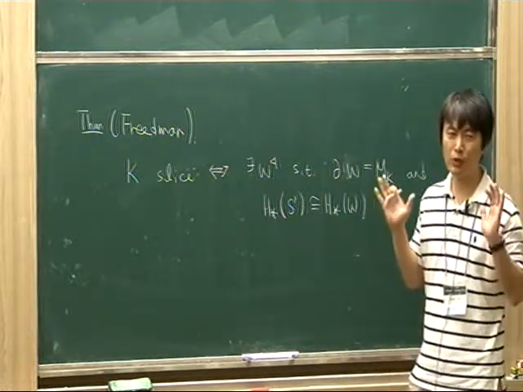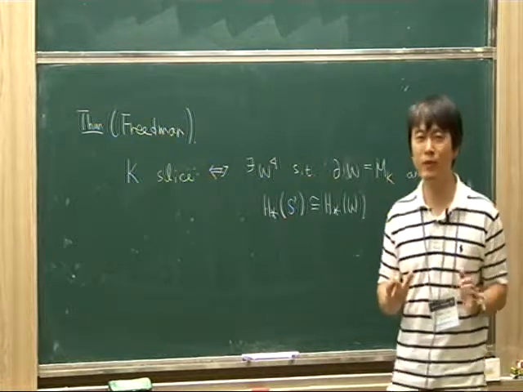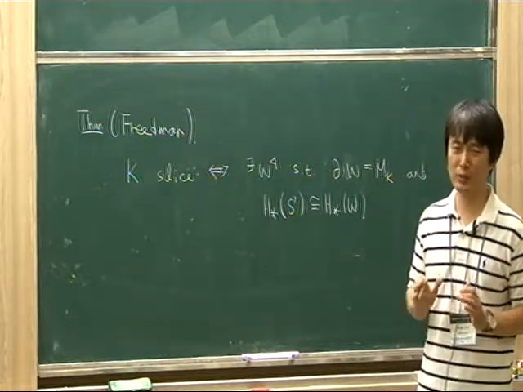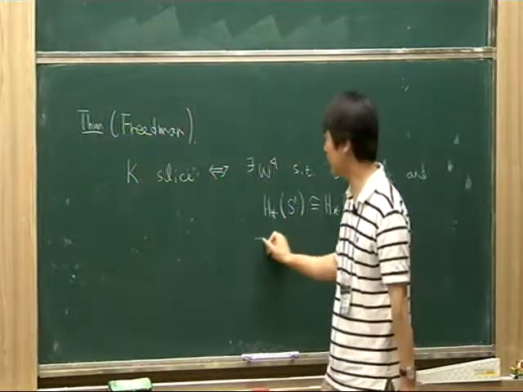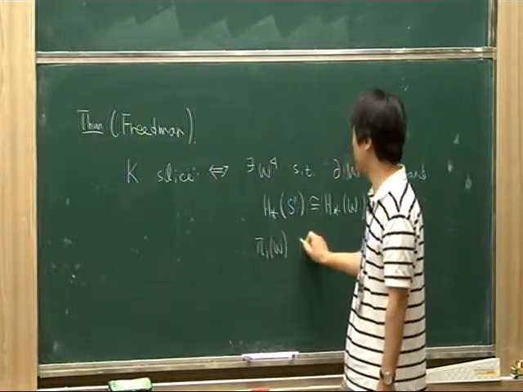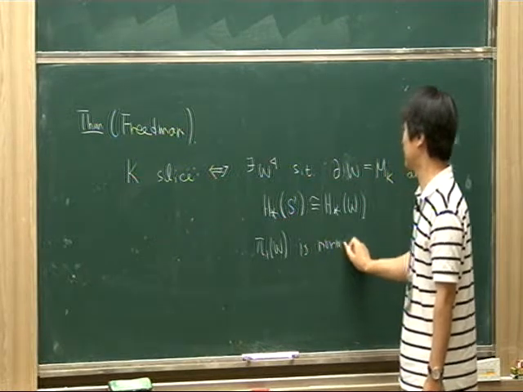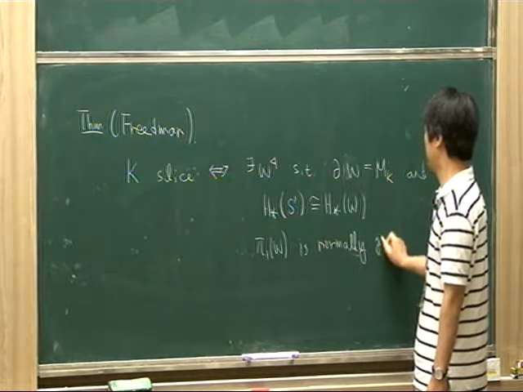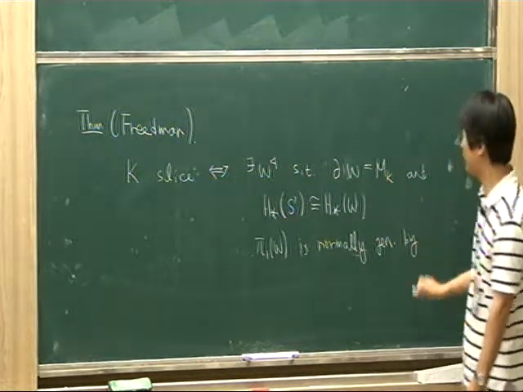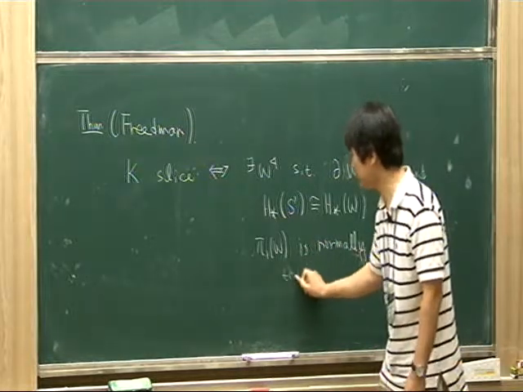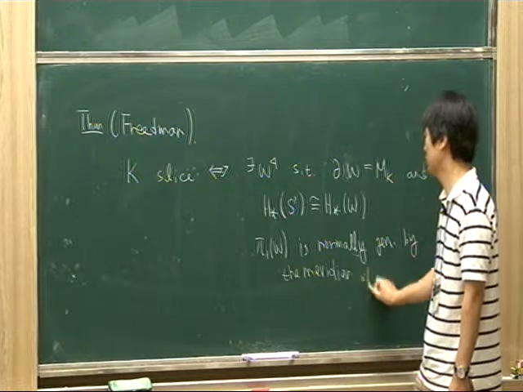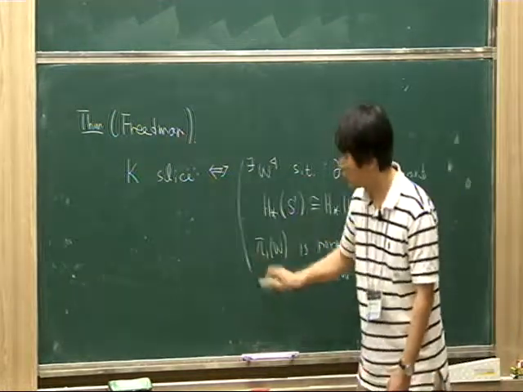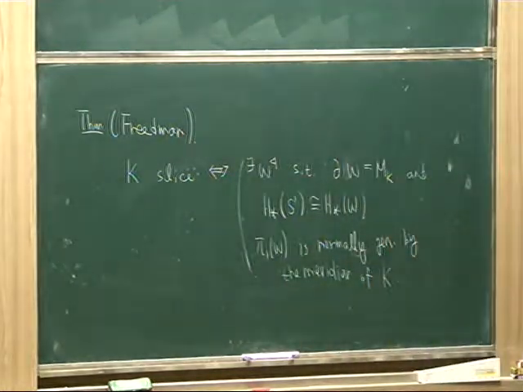Finally, when you classify manifolds, the fundamental group is very important, so we have one more condition: pi 1 of W is normally generated by a meridian of the knot. So if we can find this four-manifold, then the knot is slice.